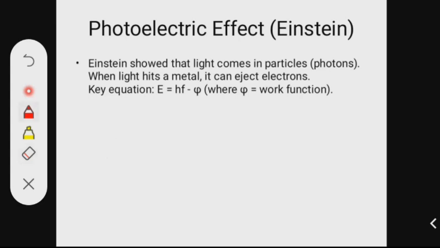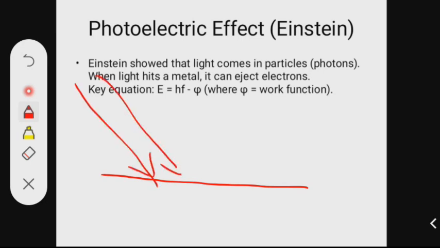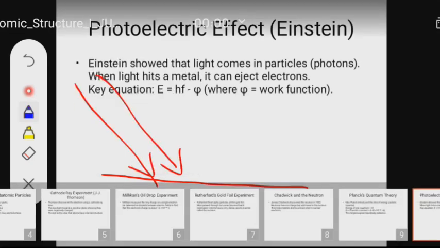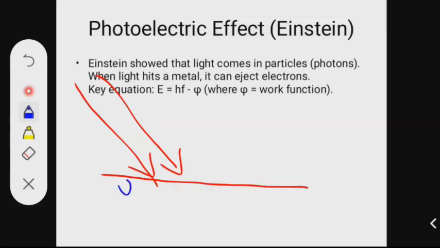So let me use an image to illustrate what I mean. This is the metallic material. Light is shining, a light wave is being incident on it. Then electrons that are at the surface will be absorbing this energy that the light is bringing.